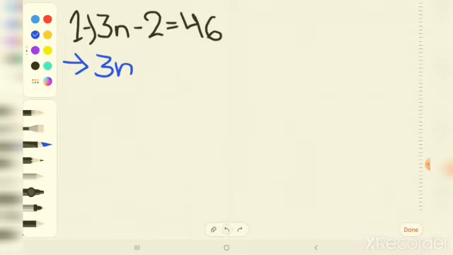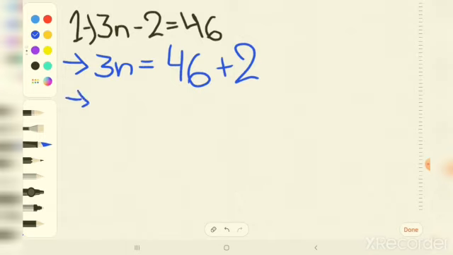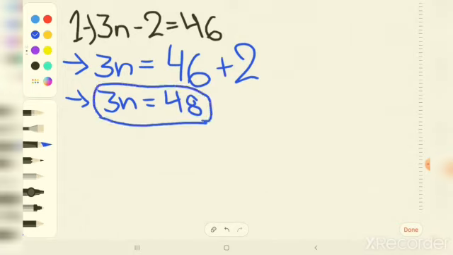This will give us 3n equals 48. If you remember the first method, this statement came there also, but after solving 2 lines. The transpose method is very easy and quicker.